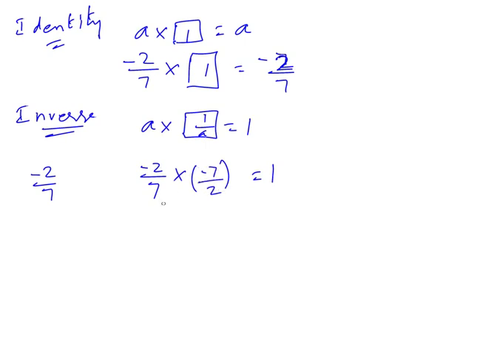So for minus 2 by 7, minus 7 by 2 is the inverse. The minus sign we can put wherever. So minus 2 by 7 into minus 7 by 2 becomes 1. So the inverse is the reciprocal. Inverse is also called the reciprocal of the given rational number.